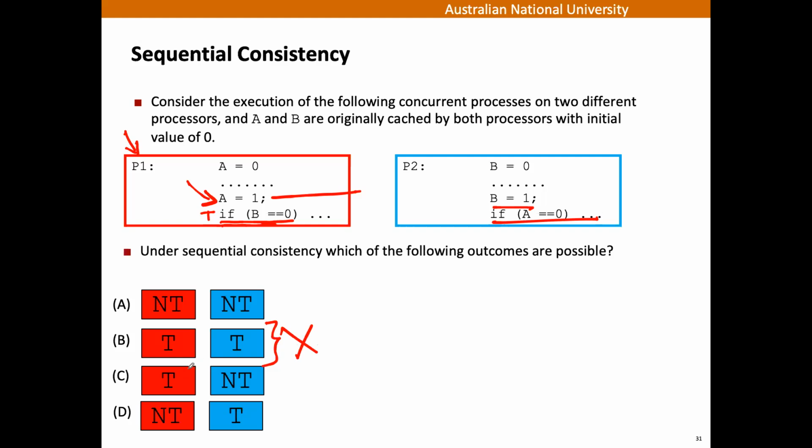Is this possible? So what kind of interleaving will give you this? So this is taken. So it means that B equals 0, B equals 1, then, so if red is taken, okay, sorry. If red is taken, then A equals 0.